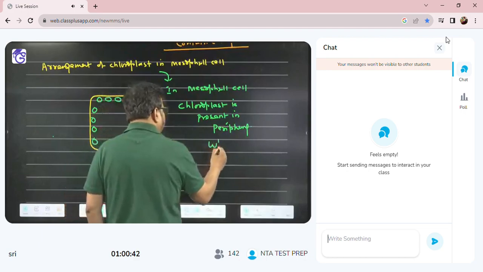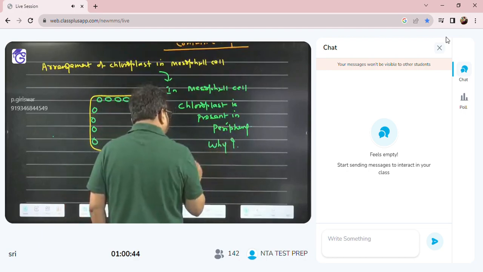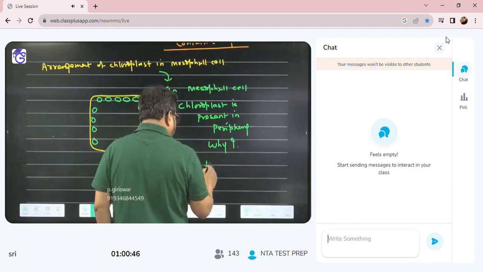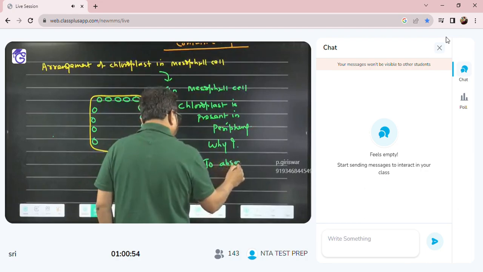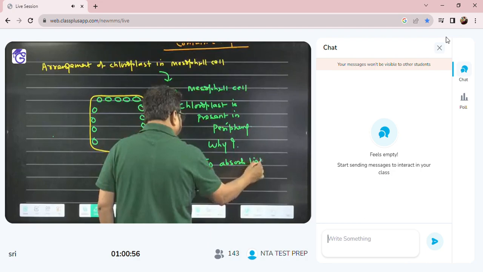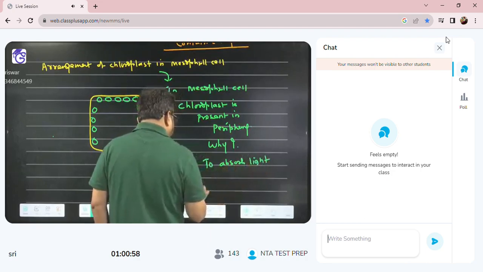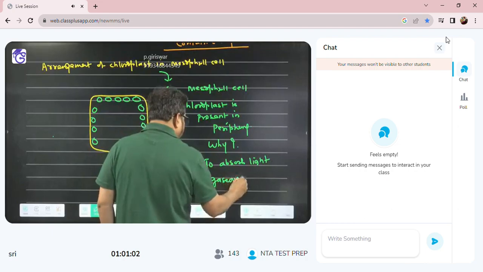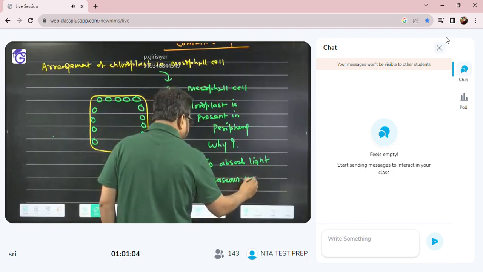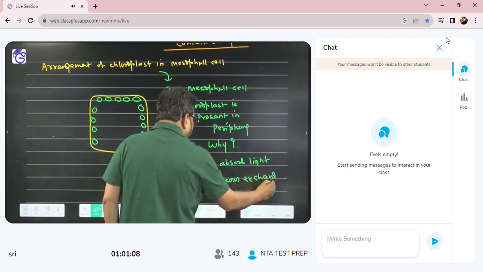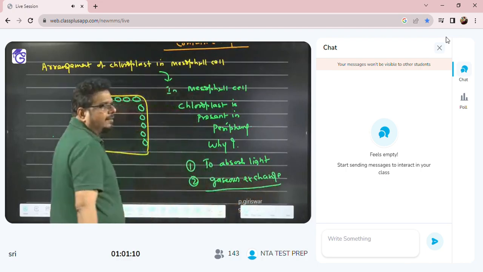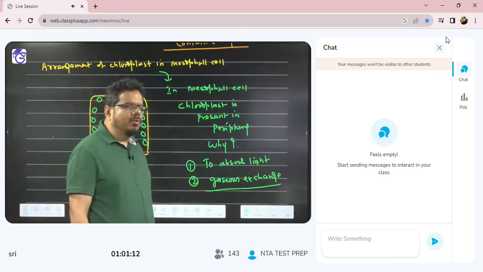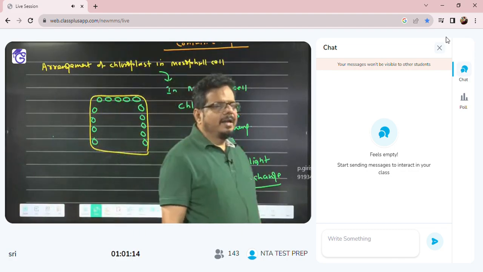The question arises, why? There are two benefits. One reason is to absorb light. In the periphery, more light is there. And second, gaseous exchange occurs better in the periphery. Suppose you are in your room and you want more light and more air.